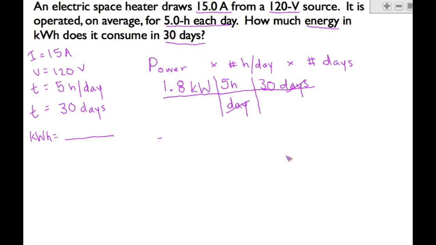So if I multiply 1.8 times 5 times 30, I'll get 270 kilowatt hours. And that's how much energy we're using for just this space heater in a month.